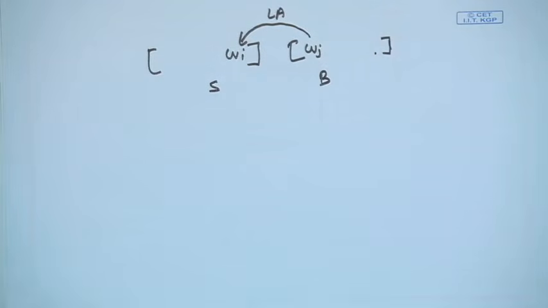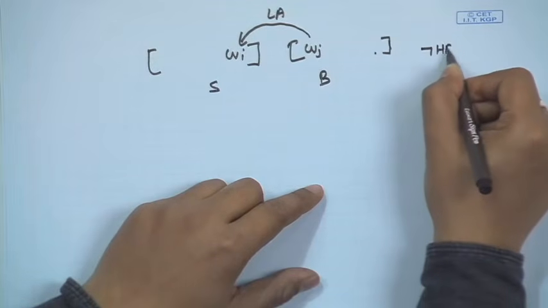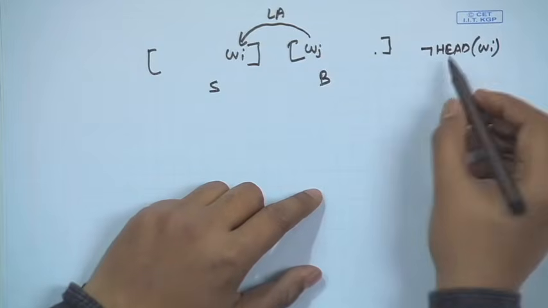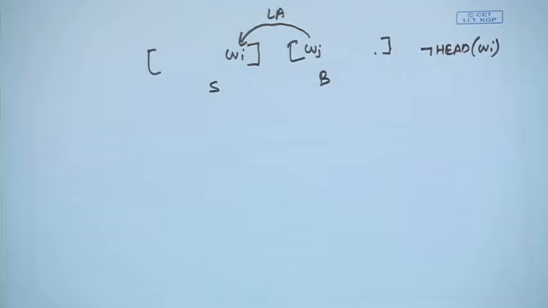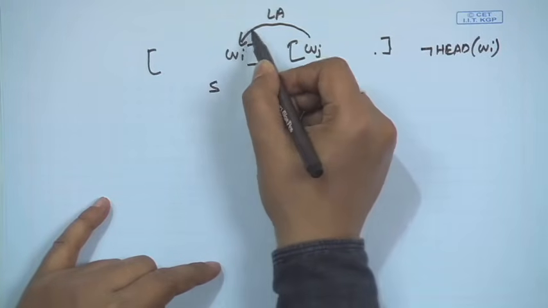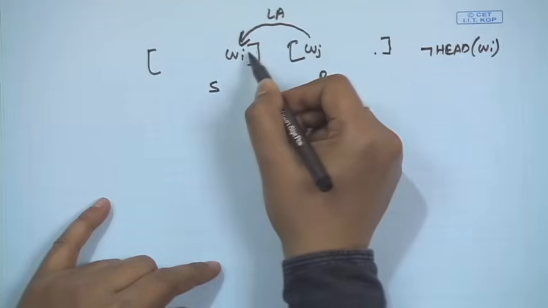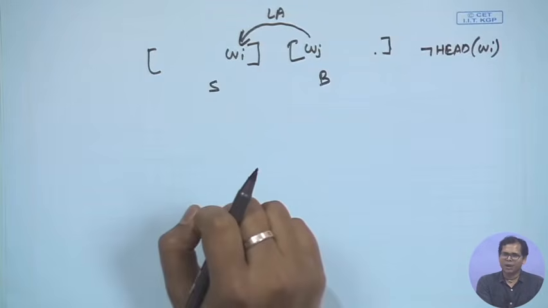Now, what is the condition? The condition is Wi should not already have a head. Now, why is this condition? You see, if I am making this transition, we are saying that Wj is the head of Wi. Now, if Wi already has a head, I cannot apply this. Why?